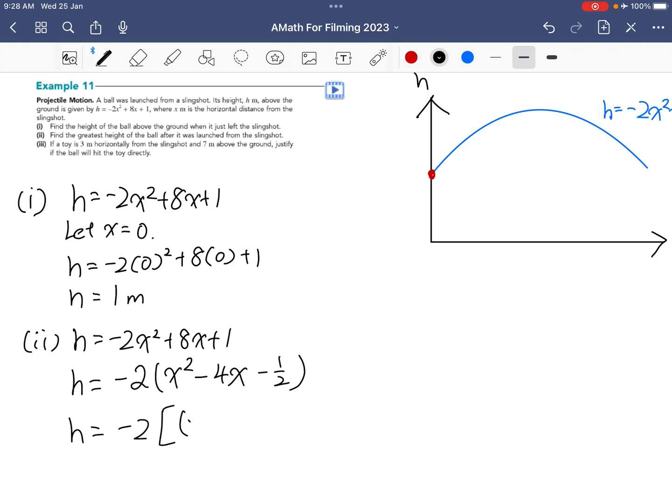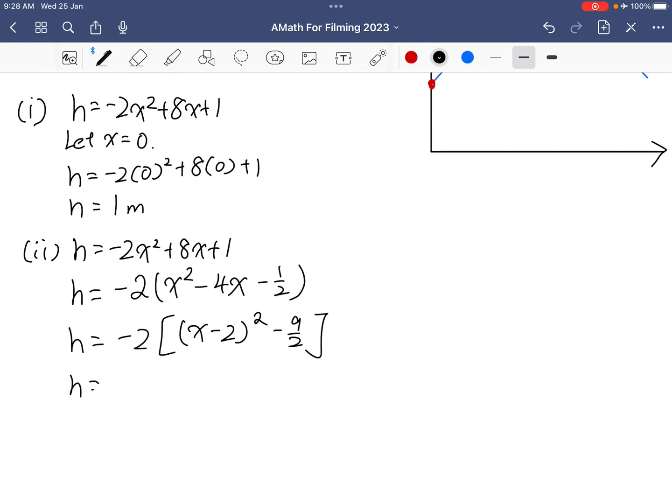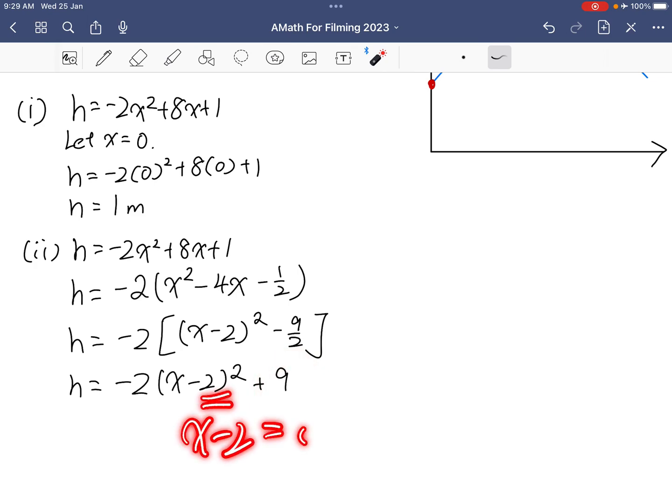Then for my h value, I complete the square: x minus 2 squared, minus 4, minus half, minus 4.5, so it's minus 9 over 2. Very quickly now, if I multiply the negative 2 in, my completed square form gives me this. So this implies that my maximum value, or maximum height, is 9 when my x value is equal to 2.